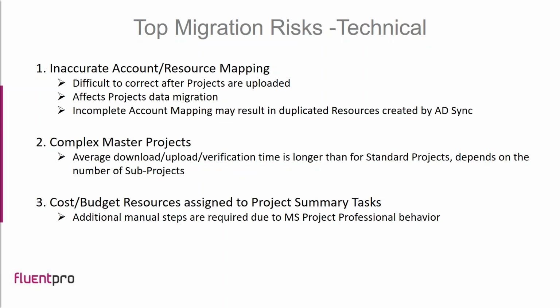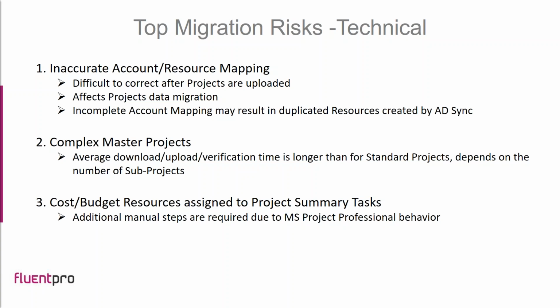In the source PWA, they have accounts in one format. If it's on premises, it's usually domain/username synchronized from Active Directory. And in Project Online, as you know, accounts have a completely different format. It's Office 365 accounts. So when we migrate the resource pool, we basically change all old user accounts to the new ones in the migrated resource center.